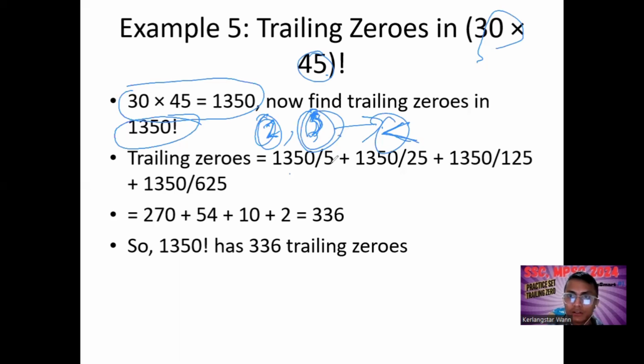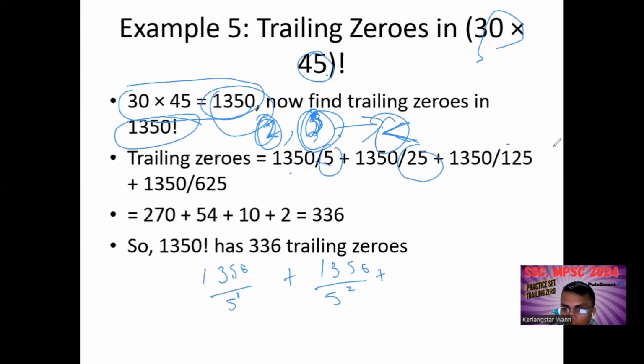So 1350 divided by 5 one time, plus 1350 divided by 5 squared, which is 25, then 5 cubed, 3 times, plus 4 times, up to 4. 1350 divided by 625 is still 2, so it still goes.